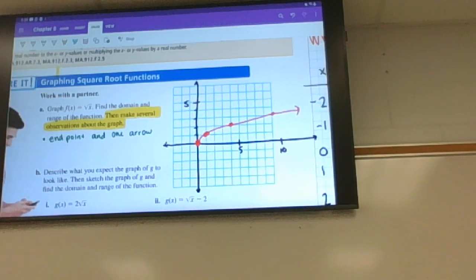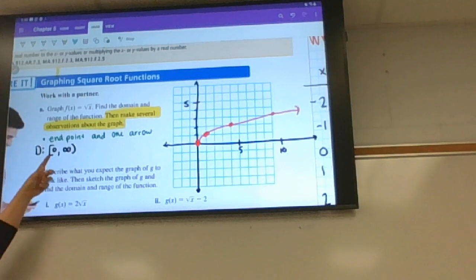Okay. So domain, we haven't talked about in a long time, but it's x values. The x values start at 0 and go all the way to infinity. So we use a bracket to say this is the start, and that heads to infinity. And y won't be negative.